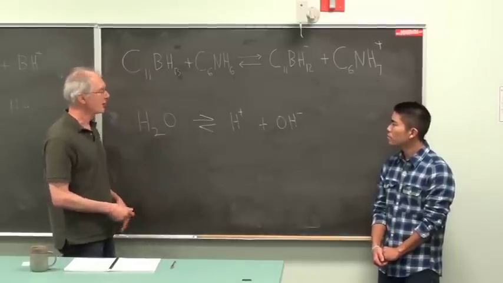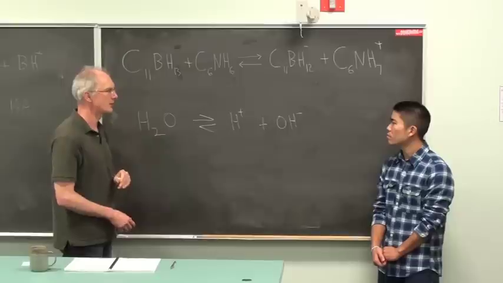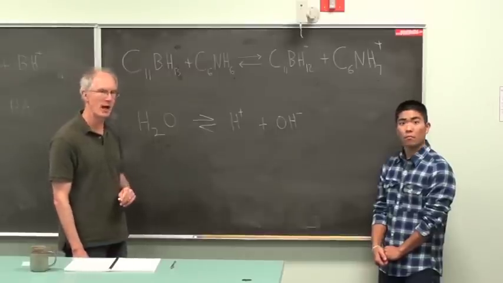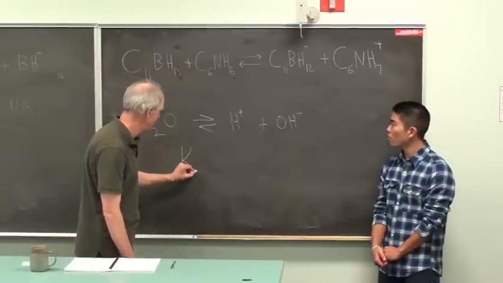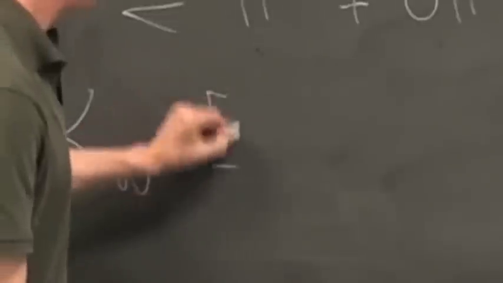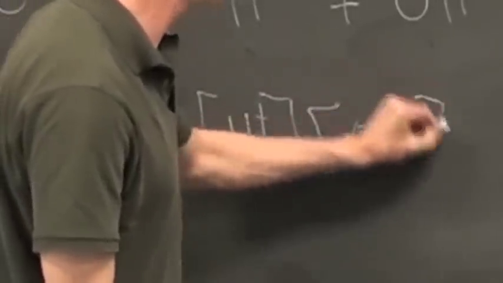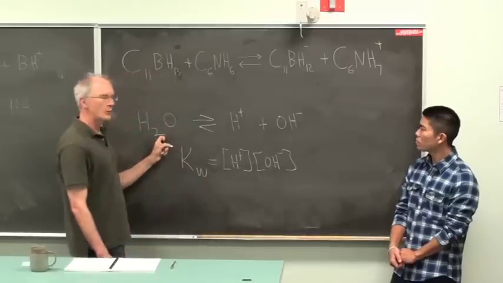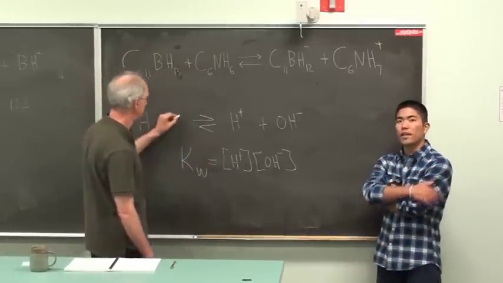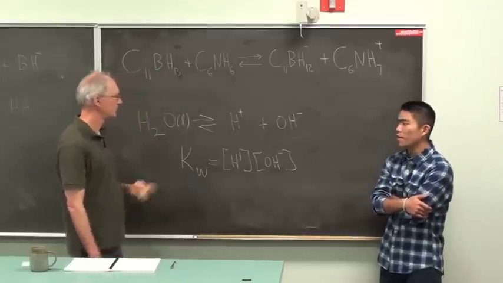And in pure water, they're there in very, very small quantities because this is an equilibrium reaction, and it's so important that it has its own symbol for the equilibrium constant. Kw equals H plus times OH minus. And why don't I put water in the Kw? Well, your Kw is for aqueous compounds, and your water is a liquid.